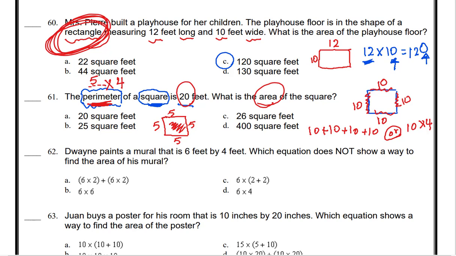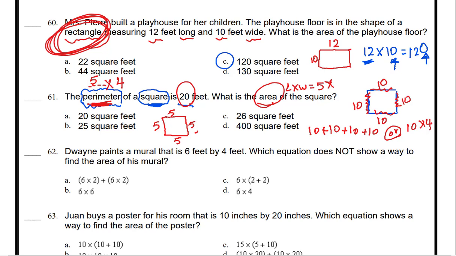Oh no, the area is not 20. This one is length multiplied by width. Not times 4. 5 times what? The length and the width are the same, 5 and 5.